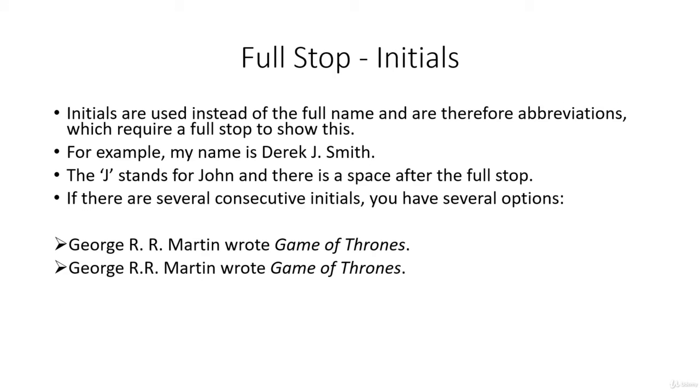Or we can bunch the initials up together and write George R.R. Martin wrote Game of Thrones, as in R.R. with no blank between the two R's. Or we can compact it even further and just miss out the dots altogether and write George RR Martin wrote Game of Thrones. And in each case, it doesn't change the way we say it, it only changes the way we write it.